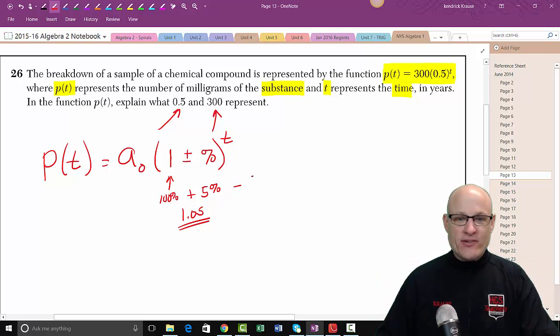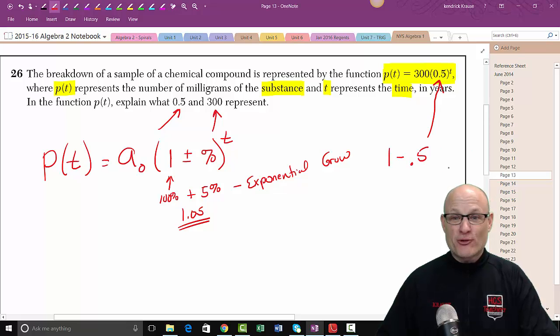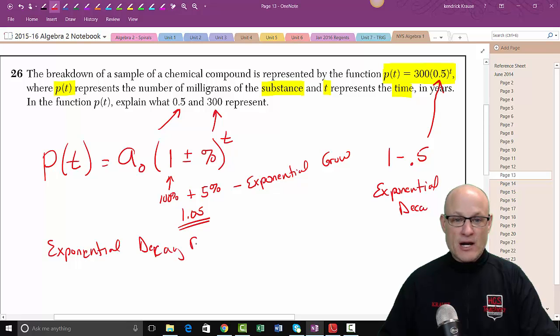If I'm adding, this is exponential growth. But notice my number in the parentheses is less than 1. I must have done something like 1 minus 0.5. That's 50%. This is exponential decay. So in your explanation, you need to say, hey, this is an exponential decay problem.